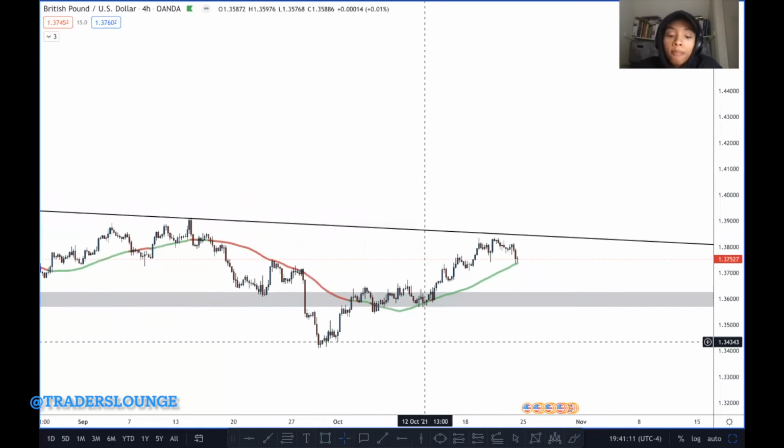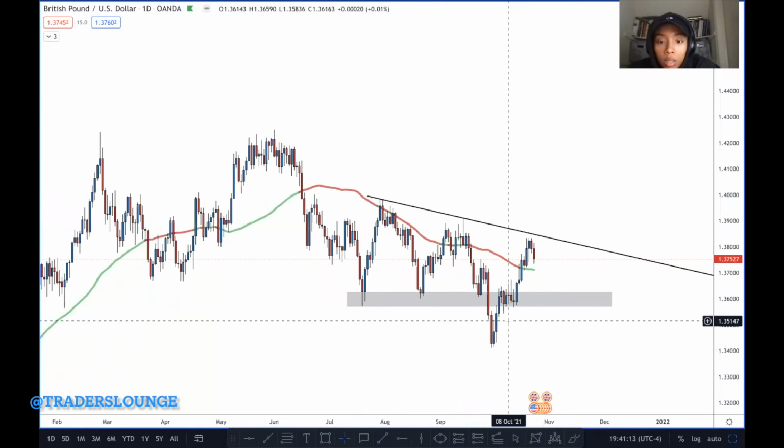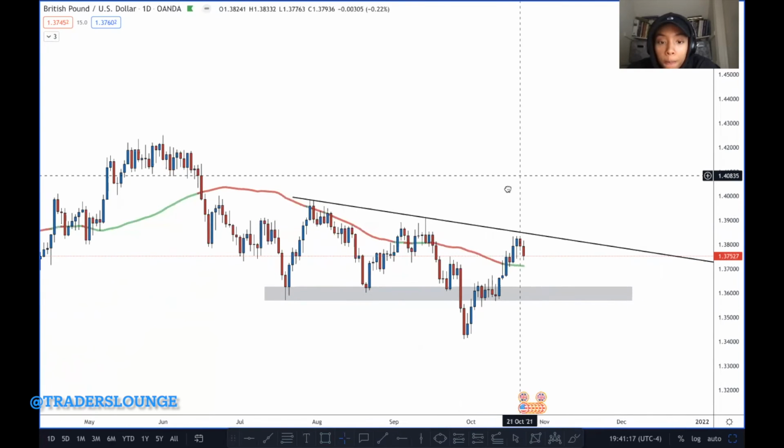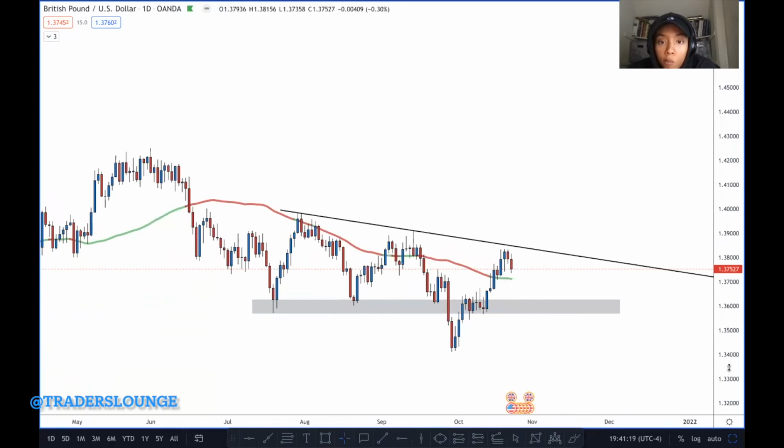Not sure. So lower high here, lower high, price comes down, breaks through, comes back up, consolidates, tested this trend line again. Looks like we're heading back down.